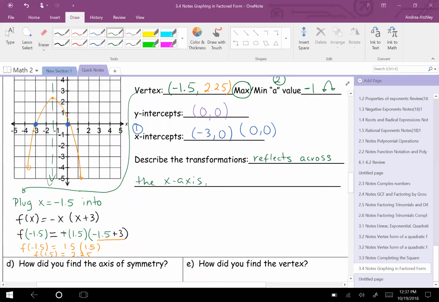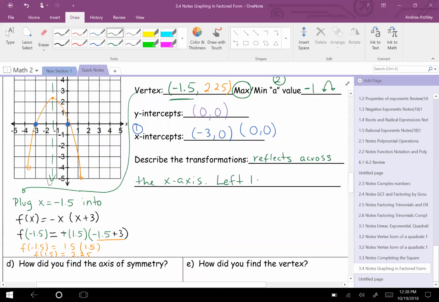Something else? Someone raise their hand. How does it move? Up, down, right, or left? Okay, that x value is negative 1.5. So which direction does that go?